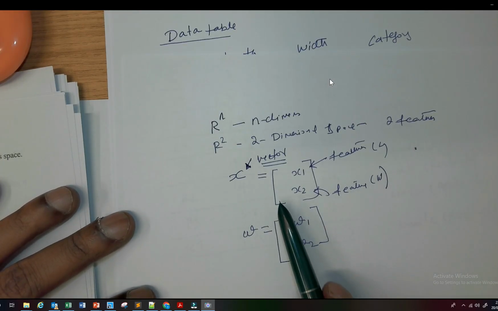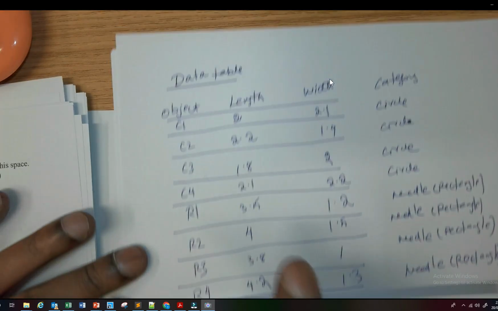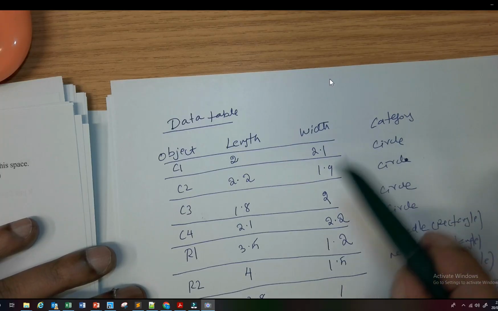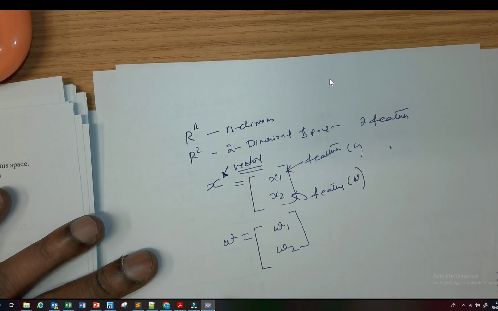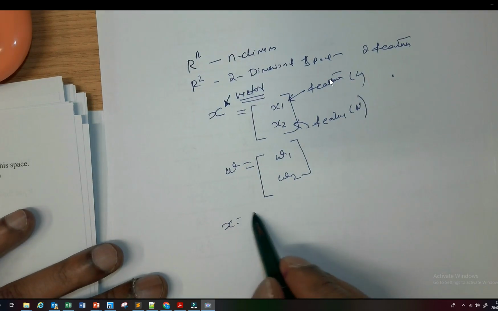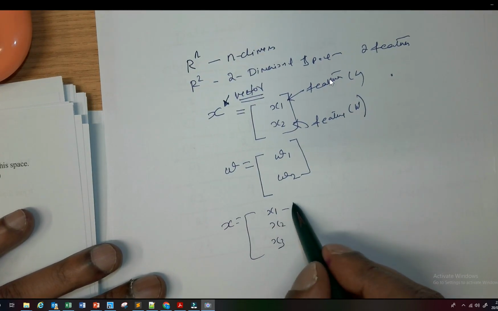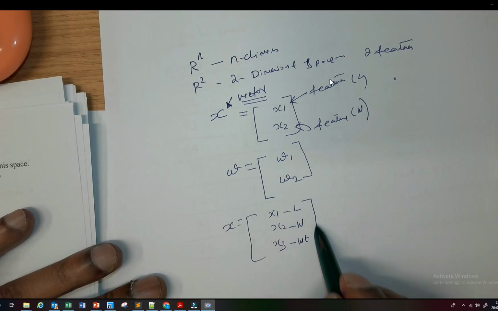If in case we measured, for example, the object's length, width, and also the weight, which means you have 3 features, then your x will be x1, x2, x3. This may be length, this may be width, and this may be weight of that object.